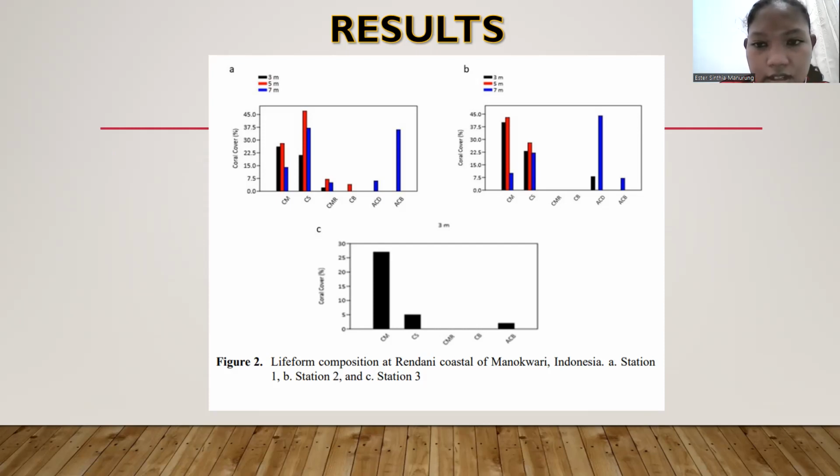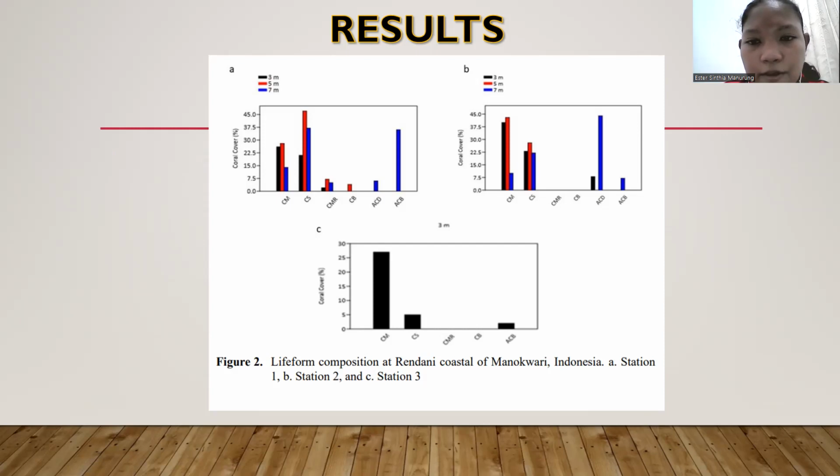In contrast, the Acropora types including branching and digitate are only found at a depth of 7 meters. In addition, coral life forms were found in as many as 4 types, with 2 types of non-Acropora, massive and submassive, found at all depths. Acropora including branching and digitate are only found at a depth of 7 meters.